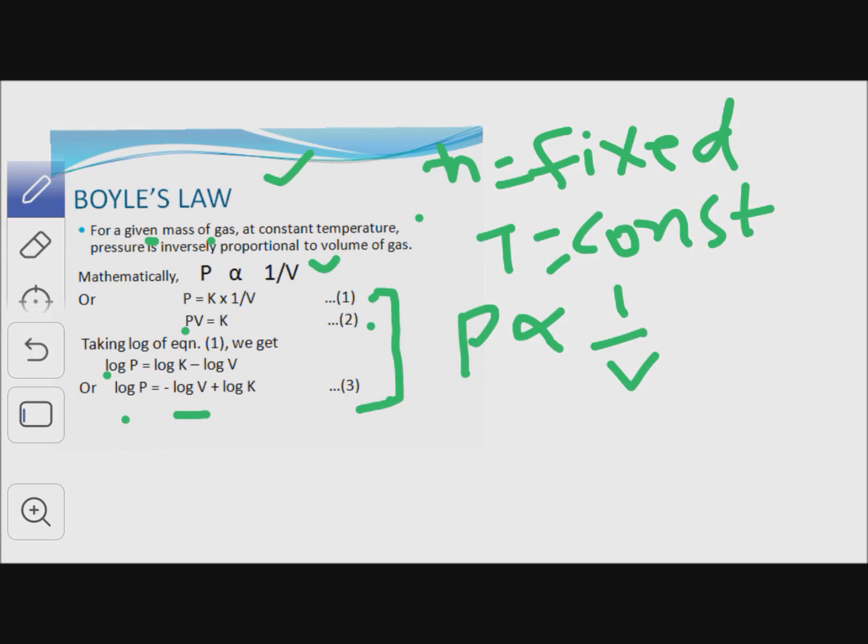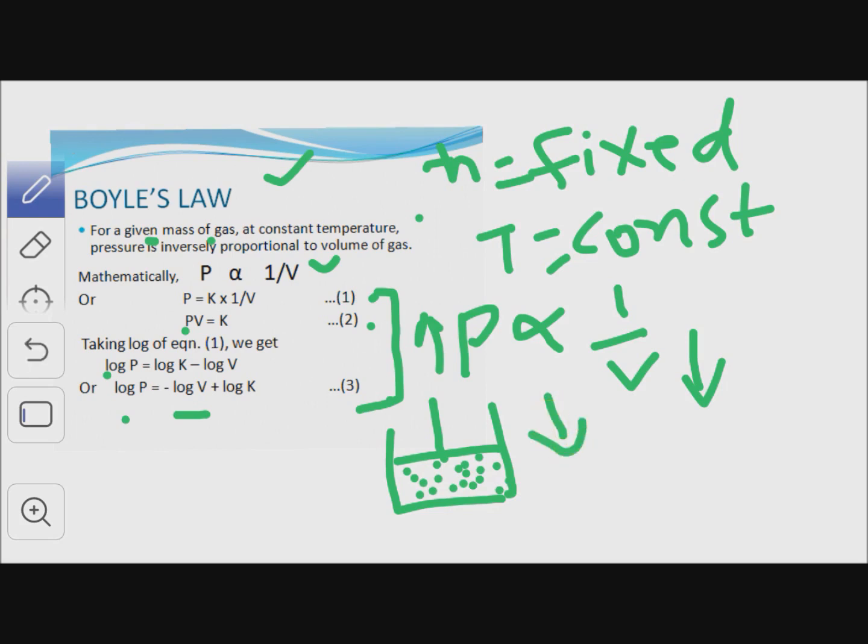It means when we increase the pressure, volume decreases. For example, if we take a container with a piston, and these are the number of moles of gas, if we apply pressure over the piston, the volume of the gas decreases.